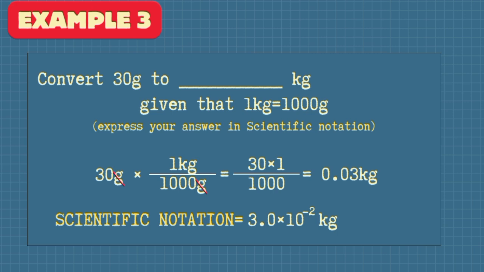The answer would be 0.03 kilogram. The decimal moves from left to right, so the exponent of the scientific notation will be negative 2. So, the scientific notation will be 3.0 times 10 to the negative 2 kilogram, which means 30 grams is equivalent to 0.03 kilograms.